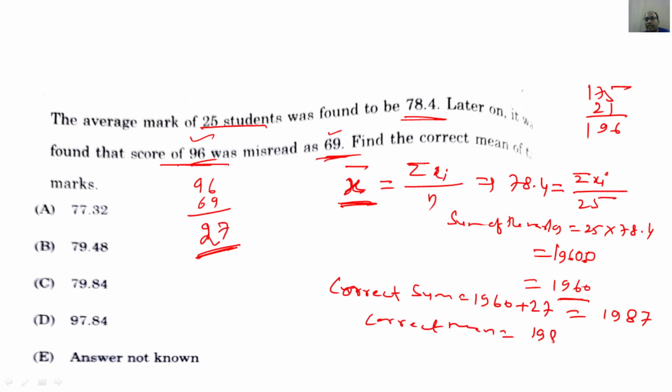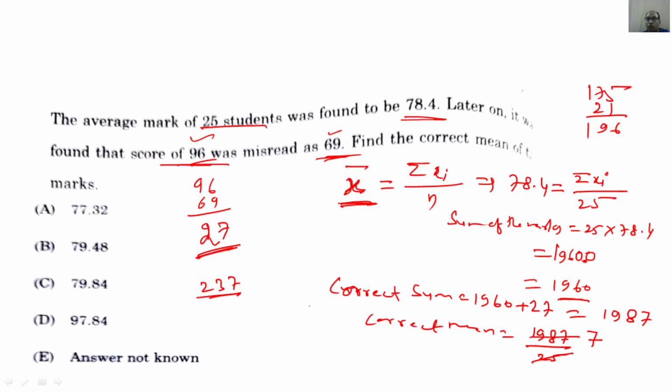And then the correct mean is equal to 1987 divided by 25. So now we have to do it. So 25, 8 will not be there, so 7 will be there, 175 and 2, 200 it will become, so 23, so 237.